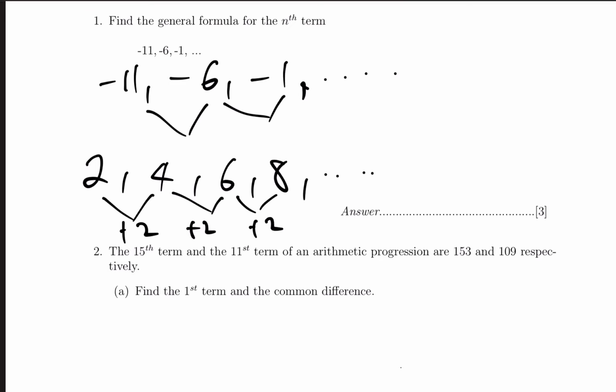If your sequence is like this, we call it an arithmetic sequence, because between each consecutive term we add 2.